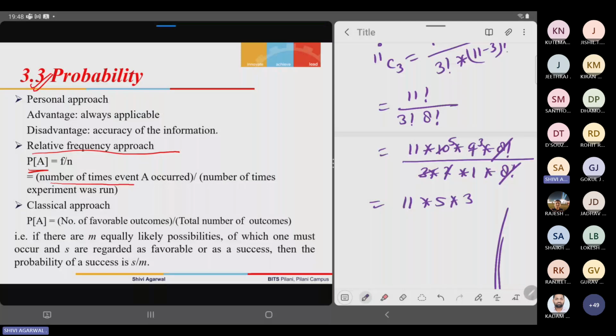How many times does the head occur out of 50? Let us suppose 30 times. So it is 30 by 50.